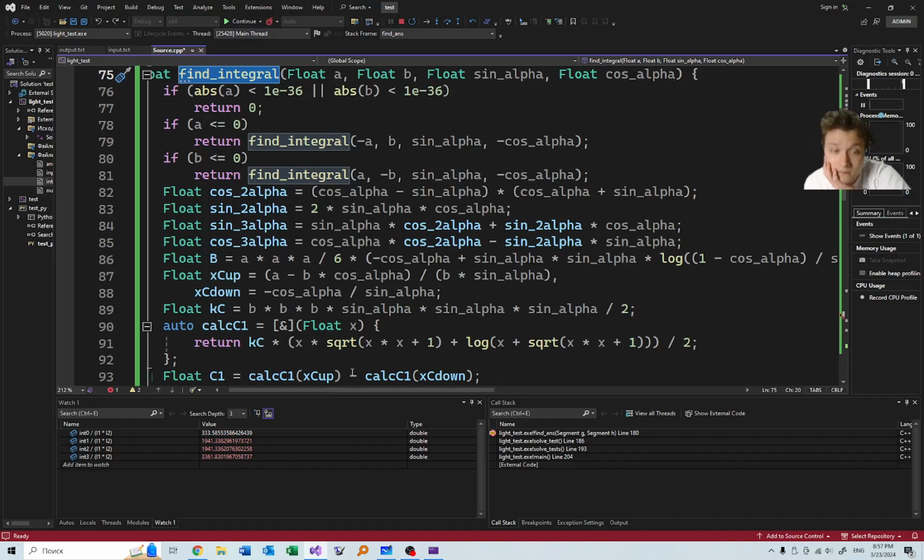Oh my god. But how to debug it? Well, it seems that I forgot to multiply by some sign somewhere.